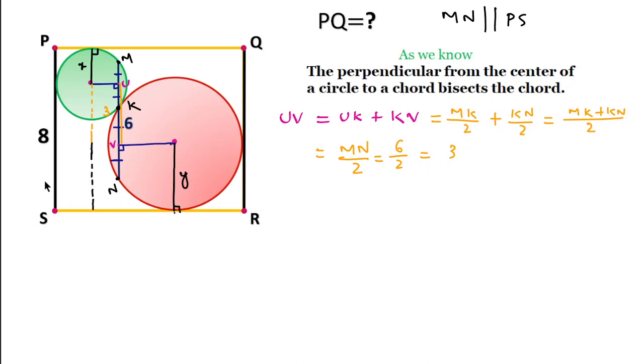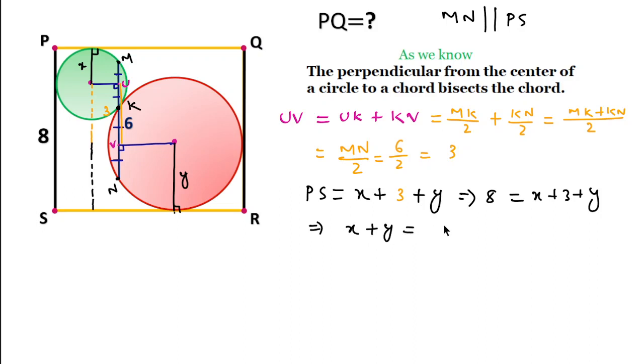So this means PS will be equal to this length, and this length is given as 3 units, and this length is y, so we can write PS equals x, and this orange length, that is 3 units, plus this y length. And PS is given according to the question as 8 units, so 8 equals x plus 3 plus y. So we can say that x plus y equals 5. This is required.